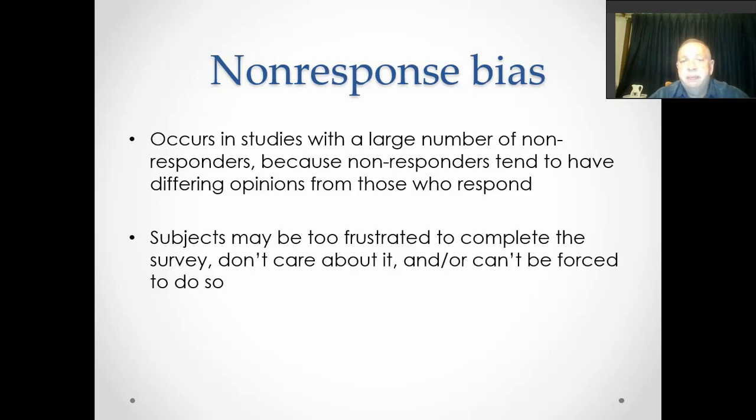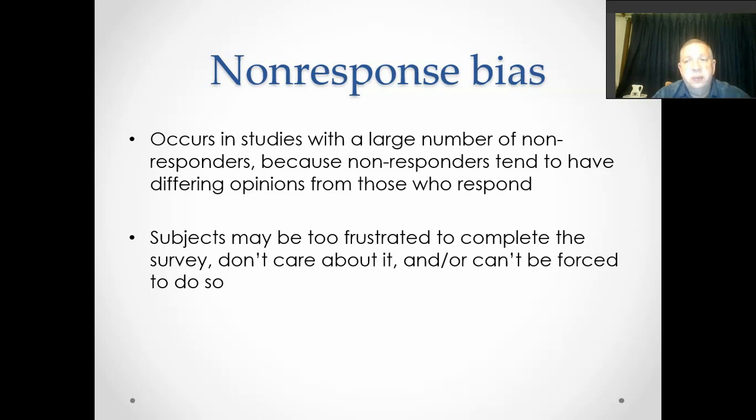A non-response bias, that's basically those where you have the non-responders, the people that we sent out the survey to, unlike the ones you're getting the response bias from. These are the people who didn't really respond to it. They were either too busy, they had no feeling one way or the other, but as part of the population, we would like to have that data, and we didn't get it because they didn't respond.